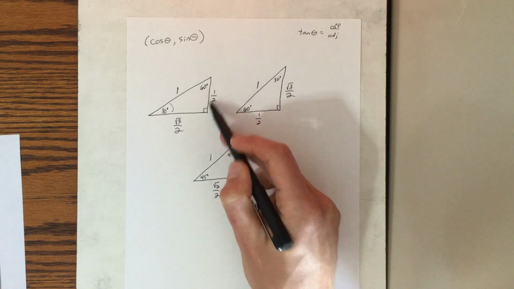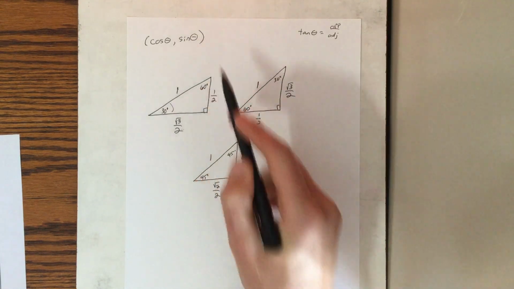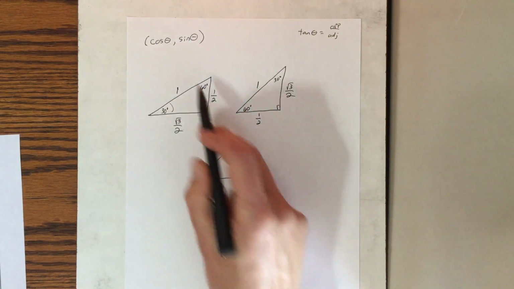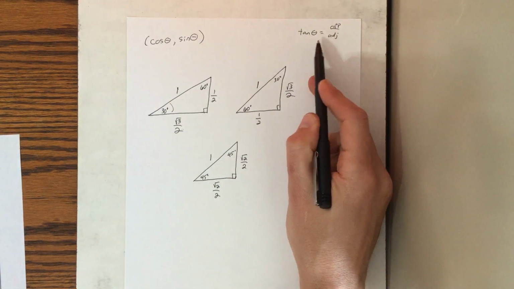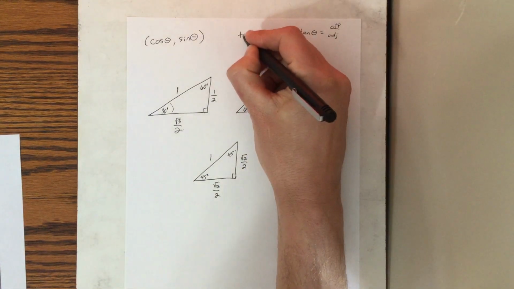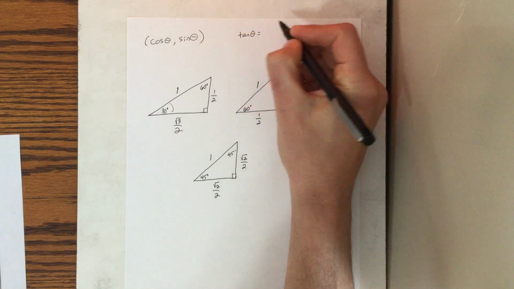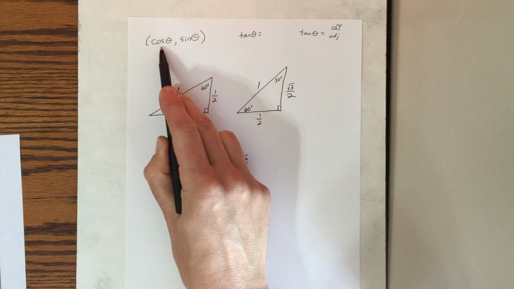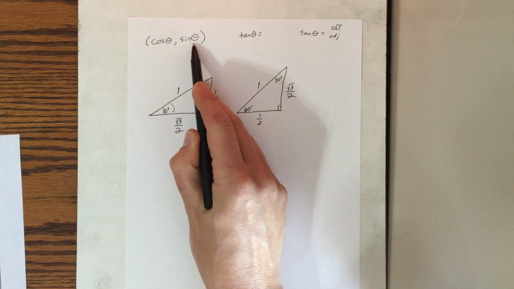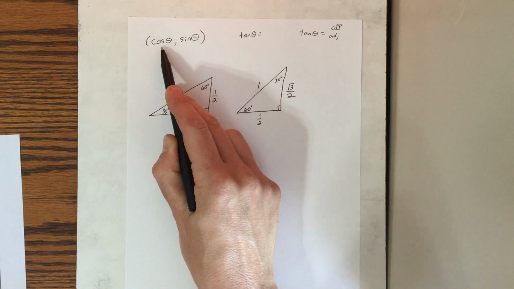Well, the 1/2 represents the y-coordinate, which is sine, and the root 3 over 2 represents the x-coordinate, which is cosine. So we can not only represent tangent as opposite over adjacent, but we can also say that tangent theta is equivalent to the y-coordinate, the sine, over the x-coordinate. Because again, this represents opposite, this represents adjacent.